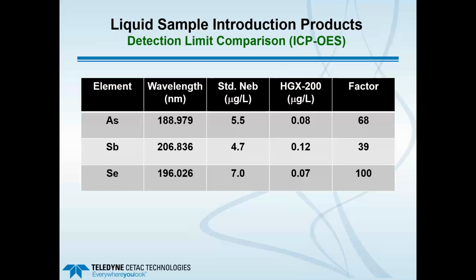So here you can see the detection limit comparison. The hydride generation reaction, because it is so efficient, nearly 100%, can really push detection limits down considerably below a part per billion with the hydride generation technique, far below the standard nebulizer. So we're actually getting down towards 1/10 of a part per billion.